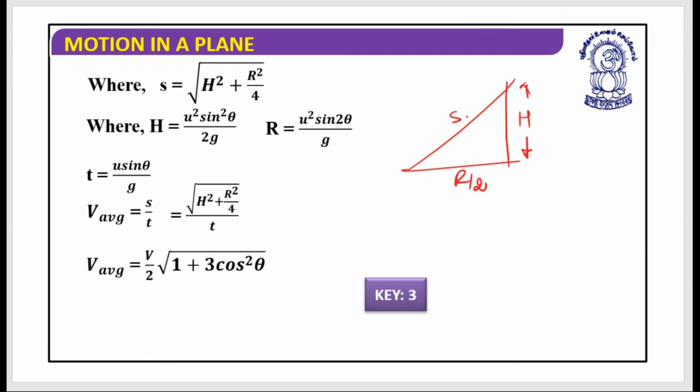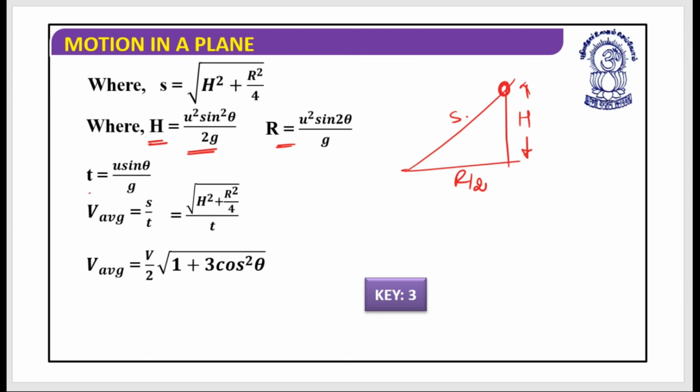So according to Pythagoras, s equals under root of h square plus R square by 4. Now h is u square sin square theta by 2g, and range is u square sin 2 theta by g.